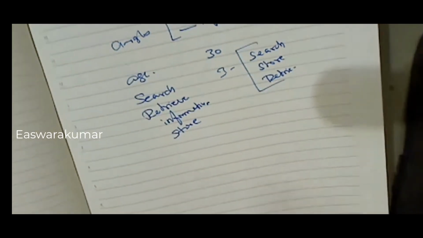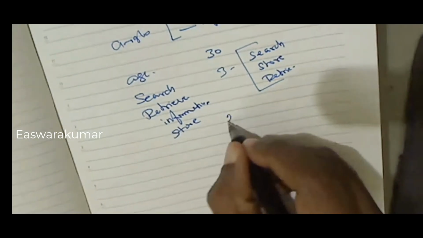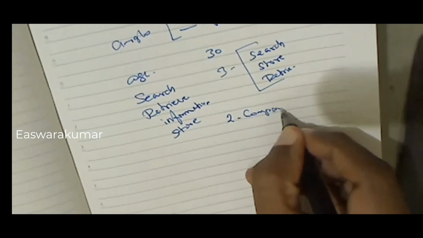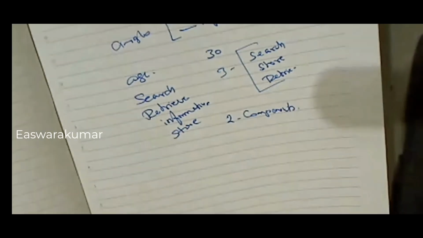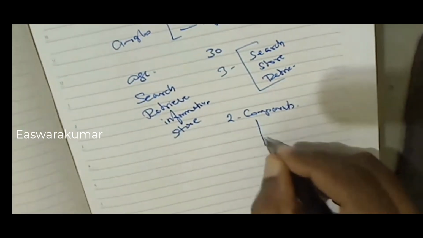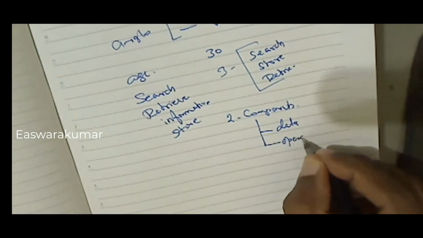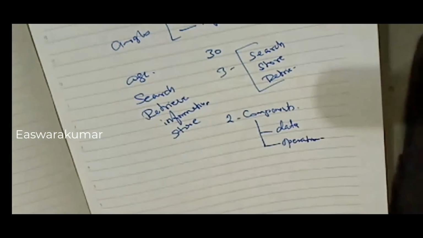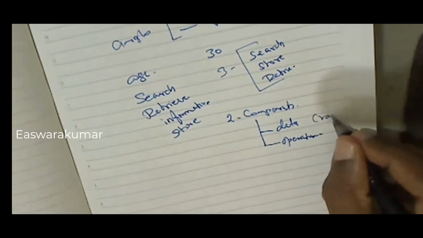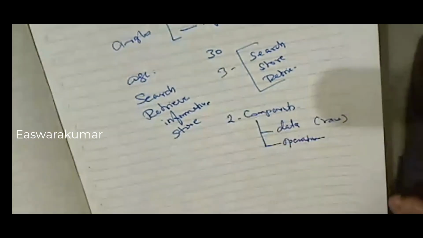Now, if you take a data structure, there are two components. One is called data, and the other is called operations. Data is normally the raw data, like what we mentioned earlier.